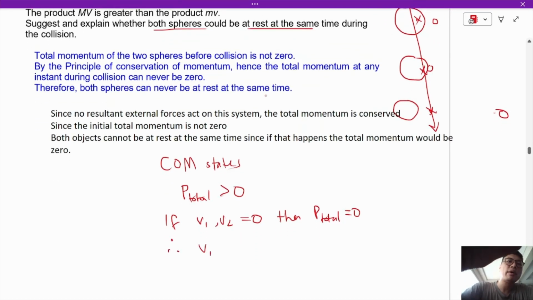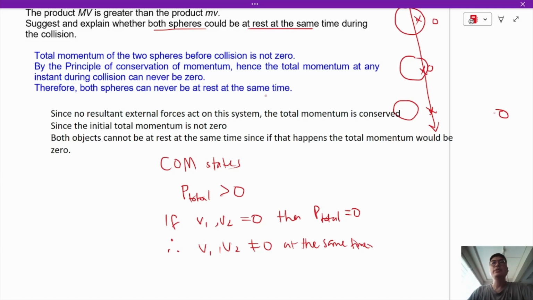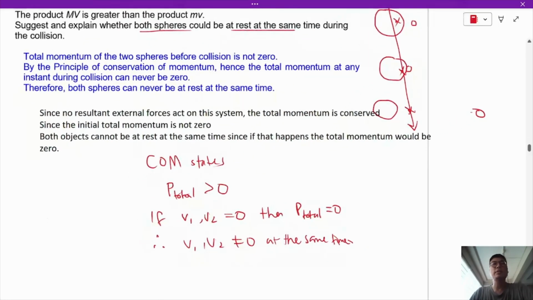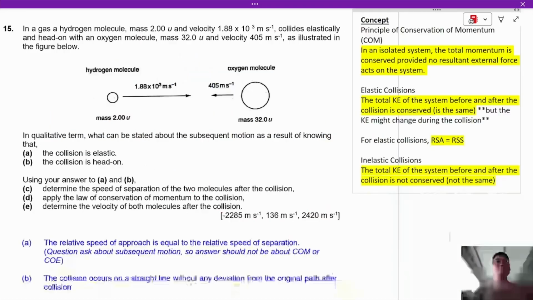Therefore, v1 and v2 cannot equal 0 at the same time. Simple as that. So that means that if the total momentum is non-zero, then they cannot both be stationary at the same time. One of the balls must always be moving. And that is question 14.